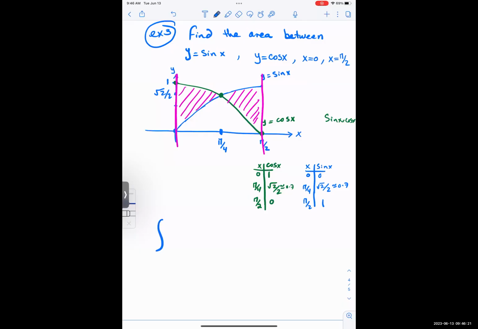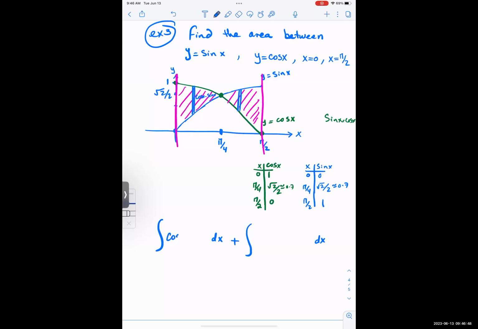The cuts for both of them are dx. So I'm going to have two integrals. With the first one, I have cosine x minus sine x because the top one is cosine.